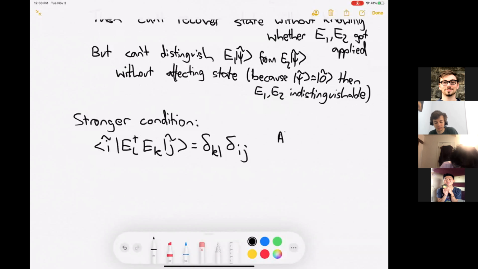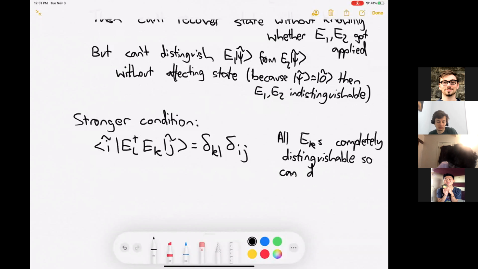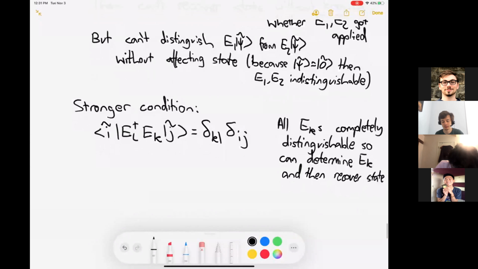Then all the different errors are completely distinguishable, so we can determine EK and then recover the state. We recover the state just by applying EK dagger, if we assume that EK is unitary.